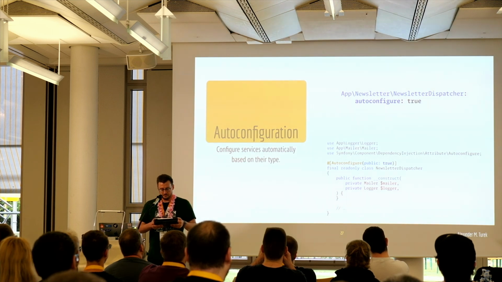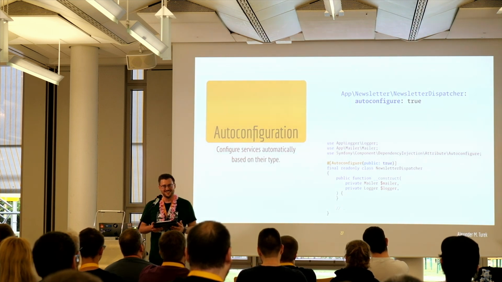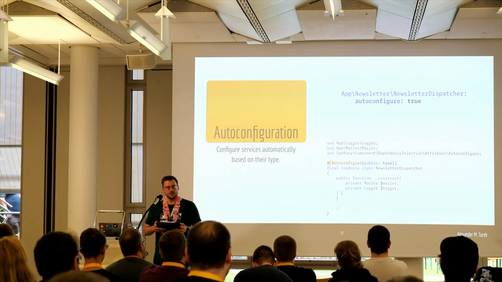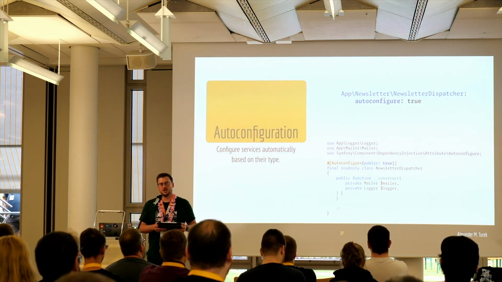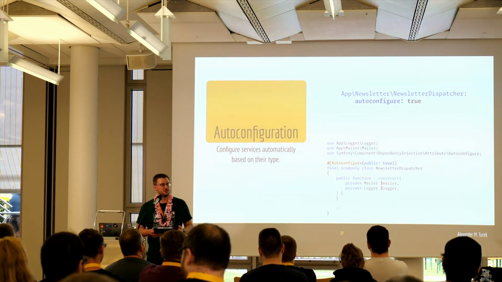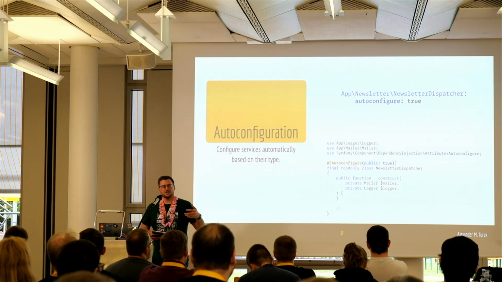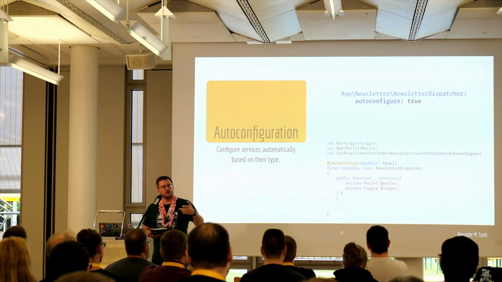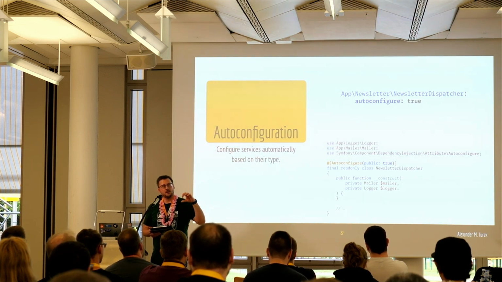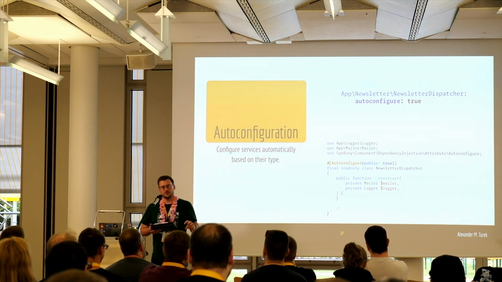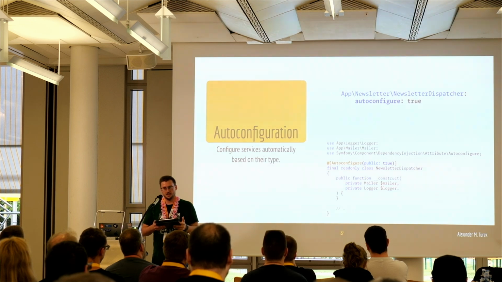So now we're getting rid of the public in the configuration file. And we apply another configuration option here, which is auto-configuration. So much auto today. Auto-configuration basically means that whenever the container encounters a class of a certain type, then it will apply all those configurations that I configure there.